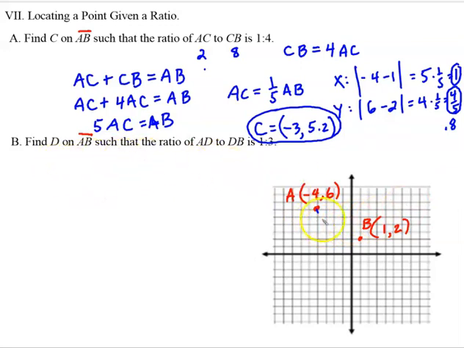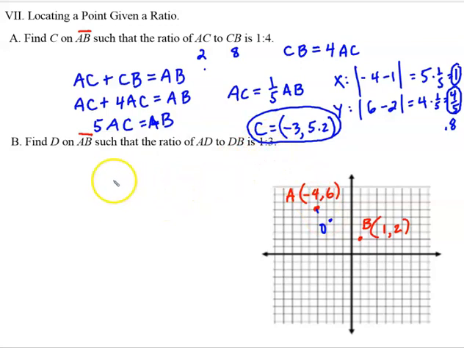So this time we're going to find, between these 2 points, point D such that the ratio of AD to DB, DB in other words, is going to be 3 times longer than AD. All right, so D is in here somewhere. And just to give you a little picture, this is D. DB should be 3 times longer than AD is what that's saying.